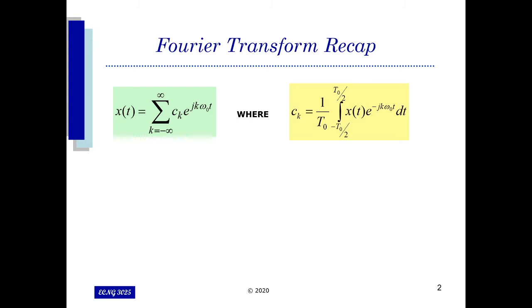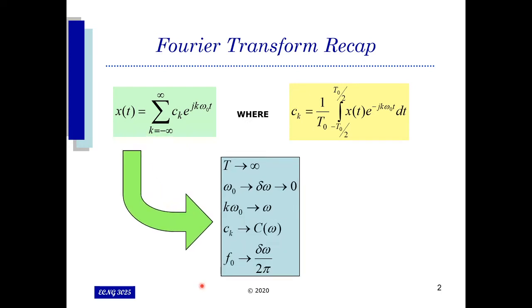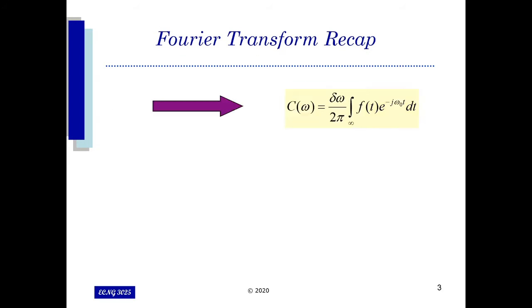The Fourier series moved towards the continuous time Fourier transform, and once we applied these 5 limits here, we moved from the continuous time Fourier transform to the discretized time Fourier transform.